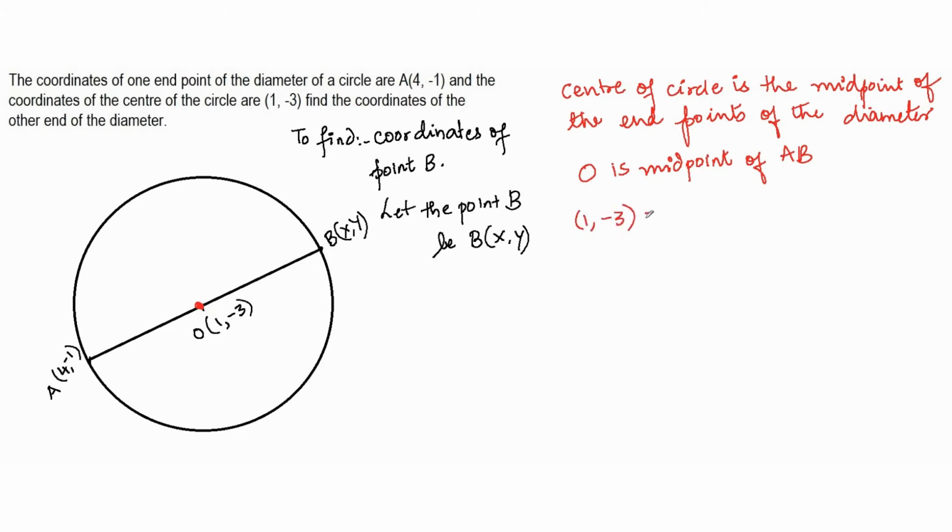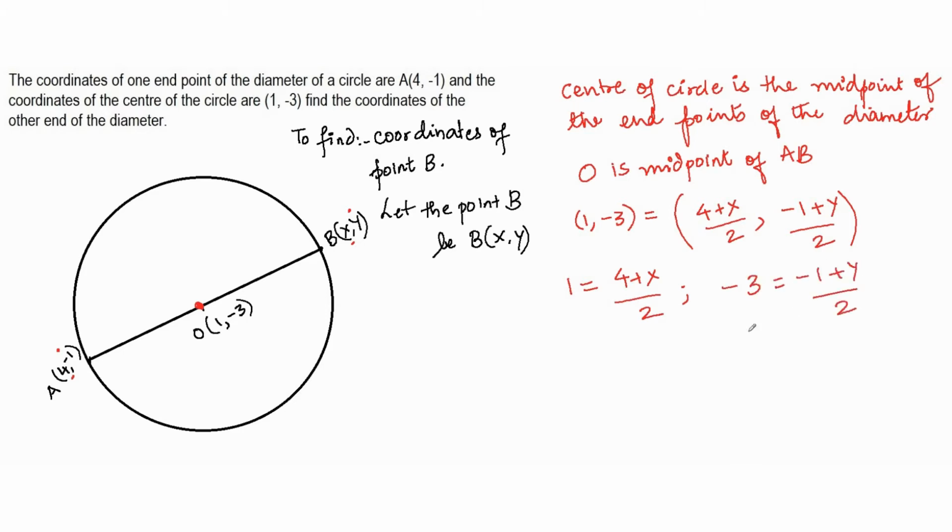So 1, minus 3 is equal to the midpoint of AB, which will be 4 plus x by 2 for the x coordinate, and negative 1 plus y by 2 for the y coordinate. Equating the coordinates, I get 1 equals 4 plus x by 2 and negative 3 equals negative 1 plus y by 2.